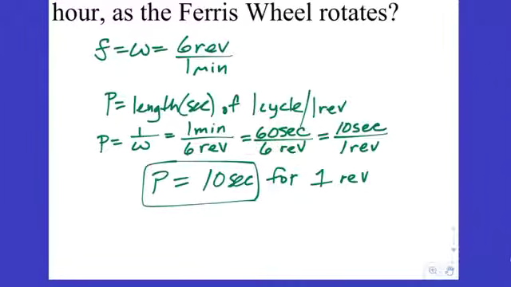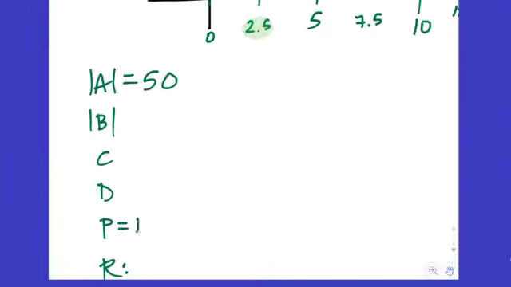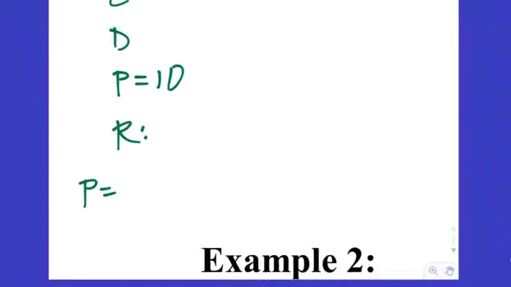10. Good. 10 seconds for 1 revolution, so 10 seconds. And that was the reciprocal of the angular velocity. So I'm going to put the period as 10. Now remember this formula. P was equal to 2 pi over the absolute value of B. If you just take that same equation and you solve it for the absolute value of B, you get 2 pi over P. Right?